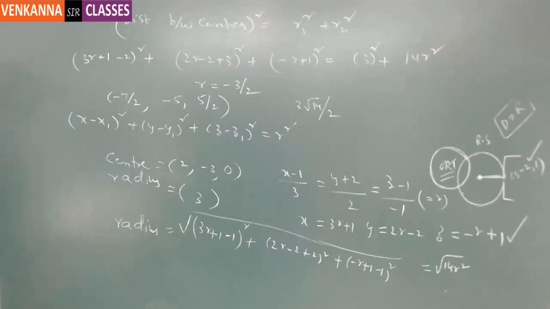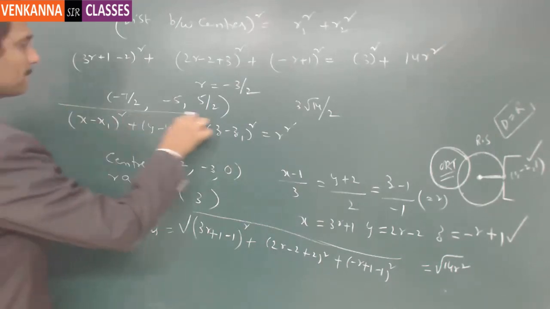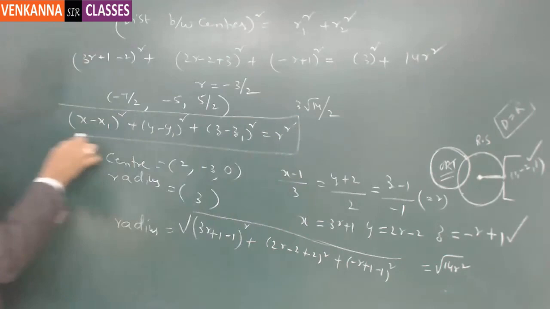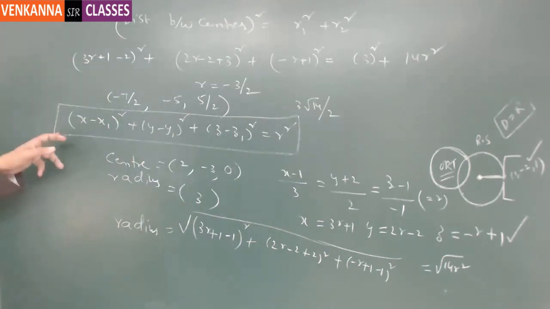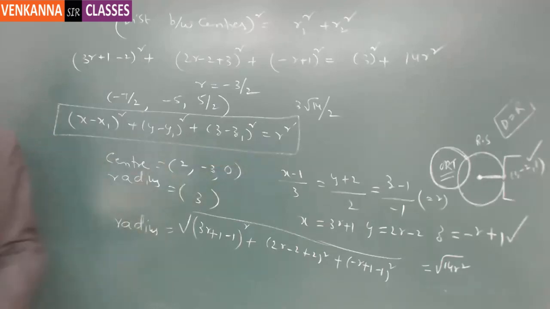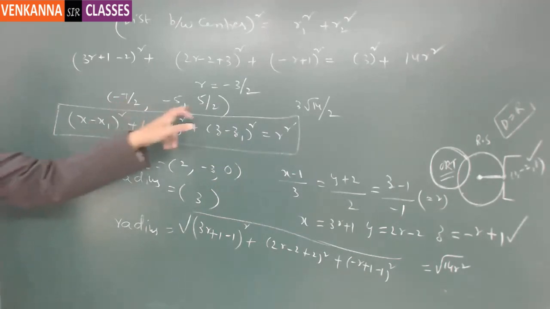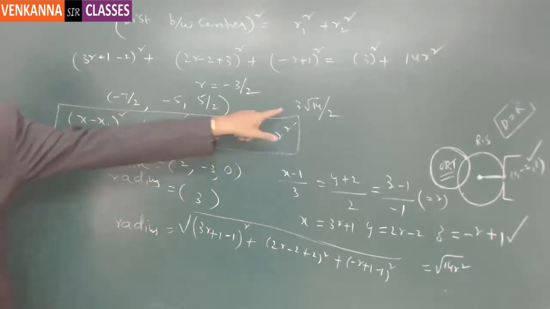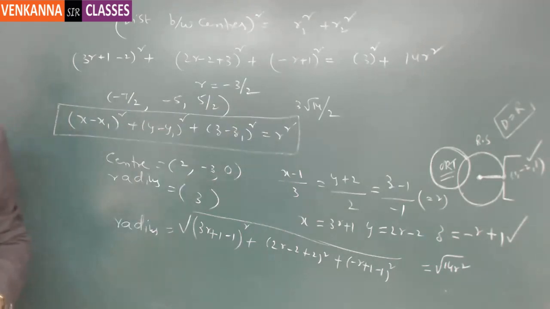So here, this equation, we use it to calculate the sphere equation when center and radius are given, isn't it? So this is the center of the required sphere and this is the radius of the sphere.